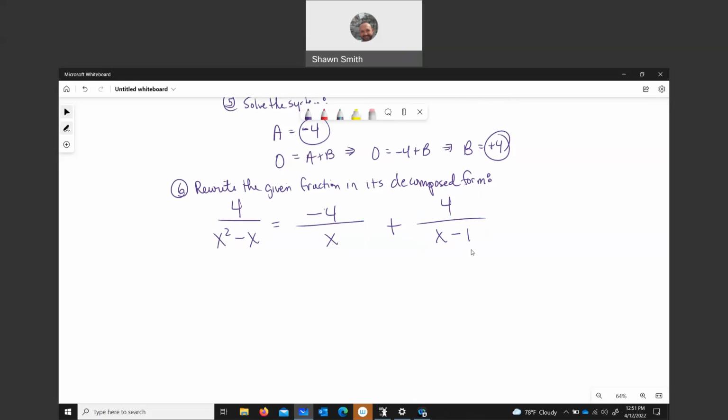Linear factors. One less than linear is constant. So on the top, we've got constants. When we start looking at quadratics in our denominator, one less than quadratic is linear, x to the first powers. So our numerators will be linear terms. So our numerators will always be 1 degree less than our denominators. Okay, so we'll see those scenarios coming up.